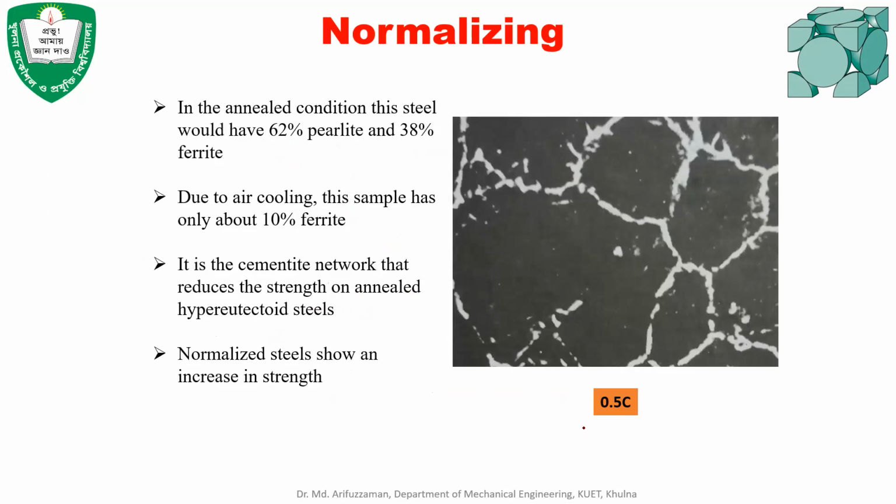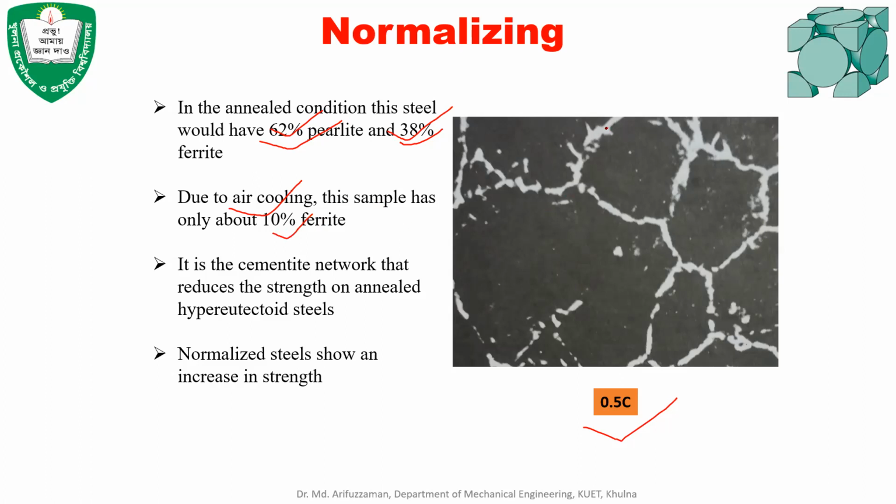And this is a 0.5% carbon steel with normalizing. In the annealed condition, this steel would show 62% pearlite and 38% ferrite. But due to air cooling, when you do the normalizing, this sample has only 10% ferrite.